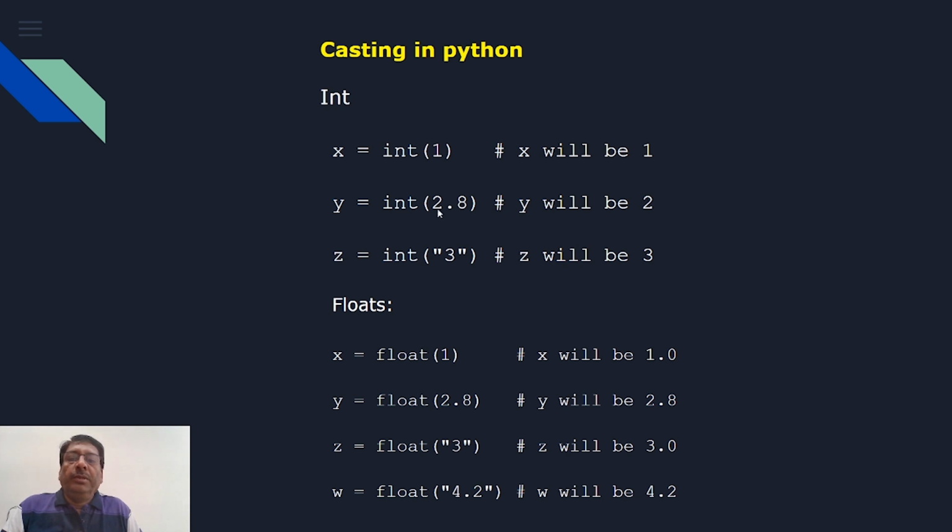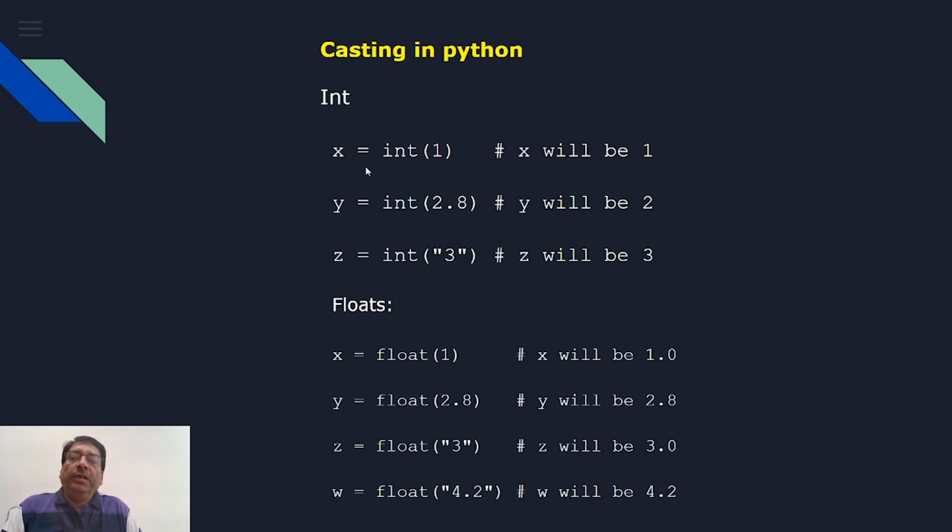But if it is something like 2.8 and you convert it to integer, you say int of 2.8, and your output in y will be 2. In a similar way, if you provide a string or character which is 3, and try to convert it to integer, your output is going to be 3 as an integer. So this 3 can be used to perform arithmetic operations, whereas the string is not allowed.